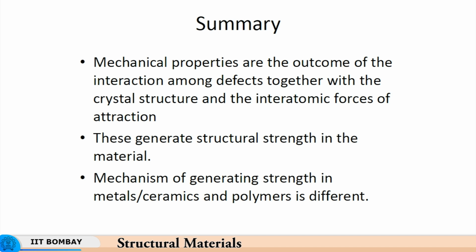In metals and ceramics, you have a difference of metallic bond versus ionic bond. In case of ceramics, since these are compounds like silicon carbide, tungsten carbide and so on, these are not deformable.